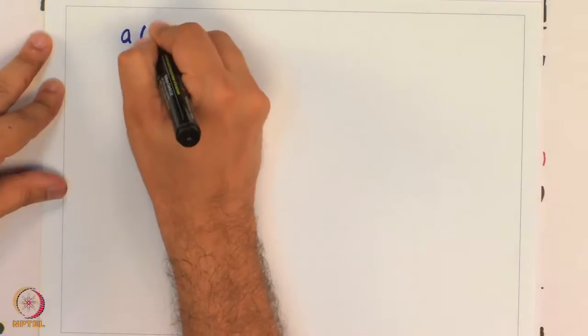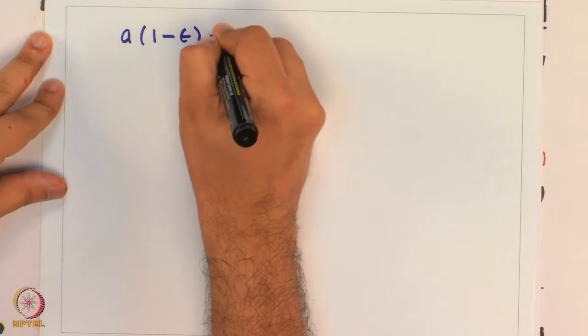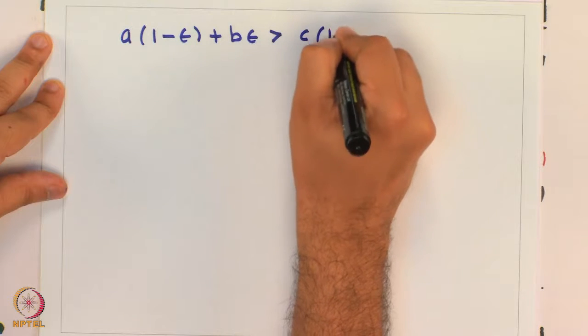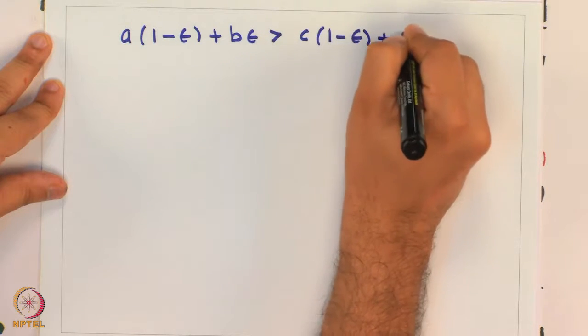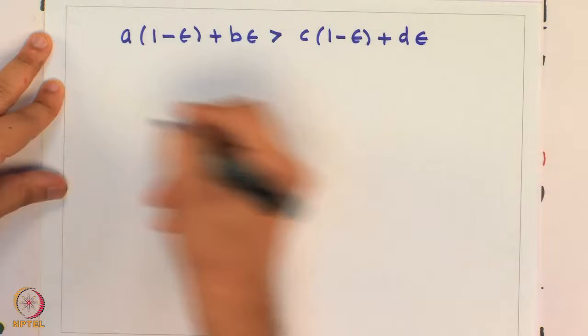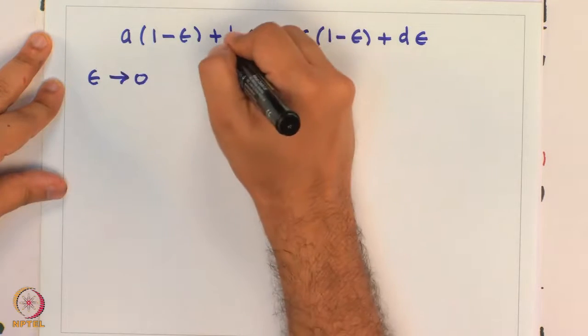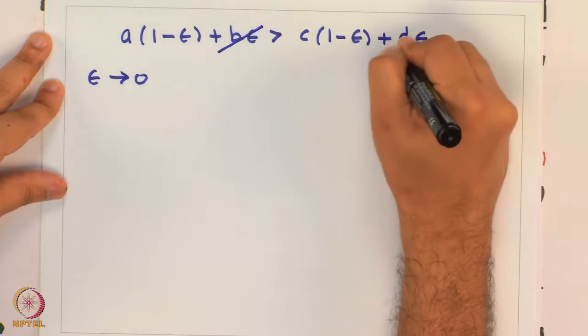So, the condition for A to be ESS as we have derived is A into 1 minus epsilon plus B epsilon should be greater than C into 1 minus epsilon plus D epsilon. Since epsilon is a very small number next to 0, what I am going to do is drop these two terms.